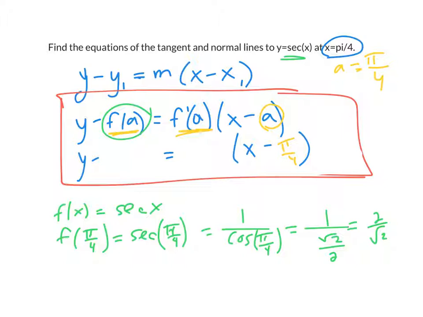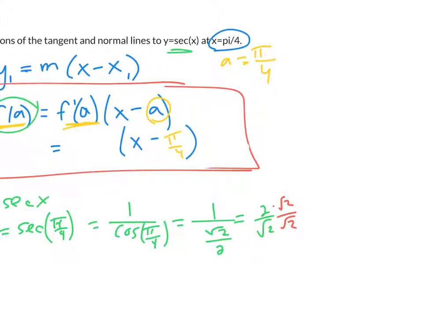Then if I rationalize it and multiply by radical 2 over radical 2, that gives me 2 radical 2 over 2, which is radical 2. So that is my y value, my functional value at pi over 4.